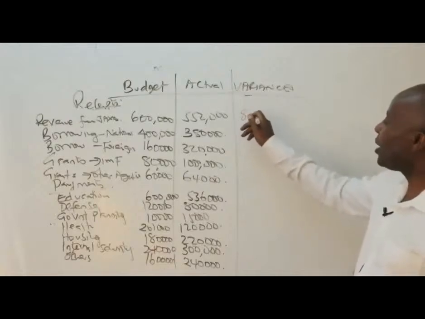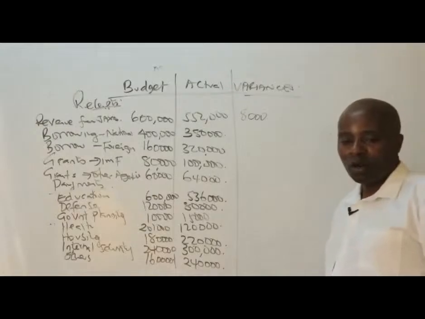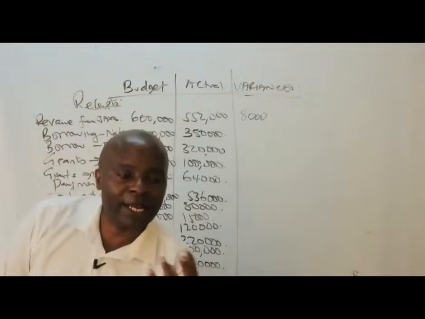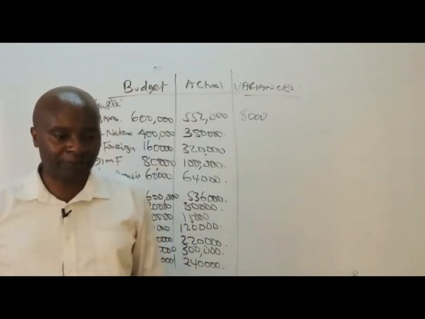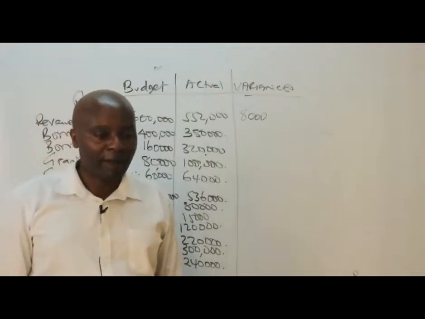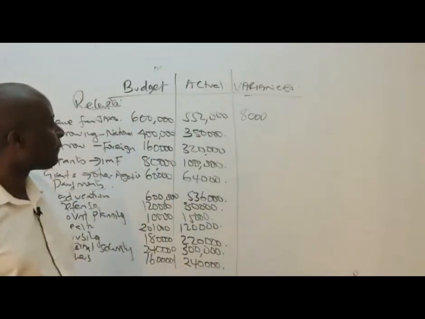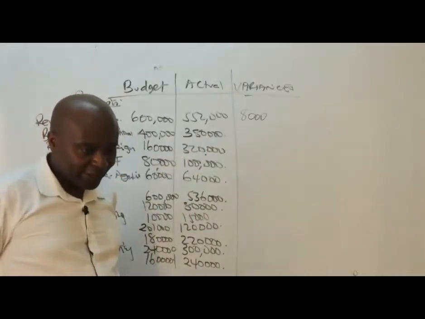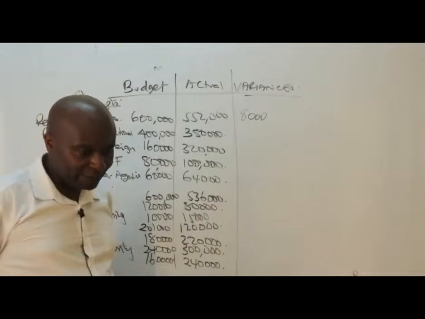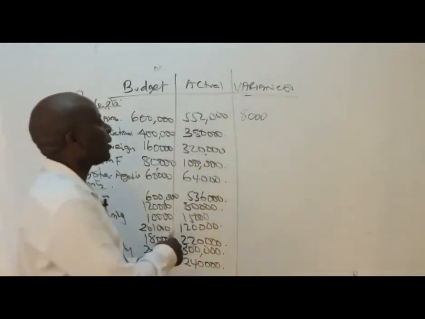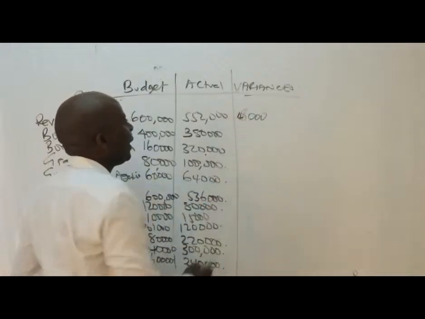This 8,000, is it adverse or favorable? Is it a good variance or a bad variance? The difference is 48,000.